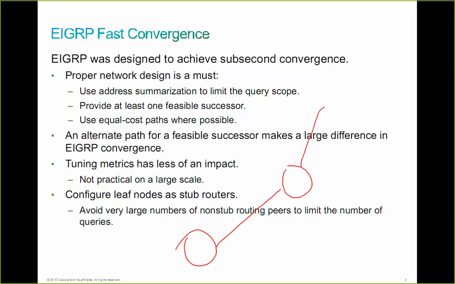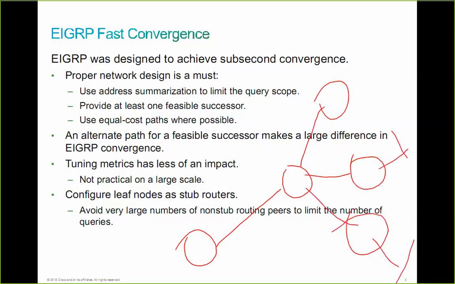So let's say I have a bunch of networks behind these routers here. As long as these networks A, B, and C are contiguous, as long as they fall within a summarizable range, I don't know if that's a word, but I made it a word. All right.